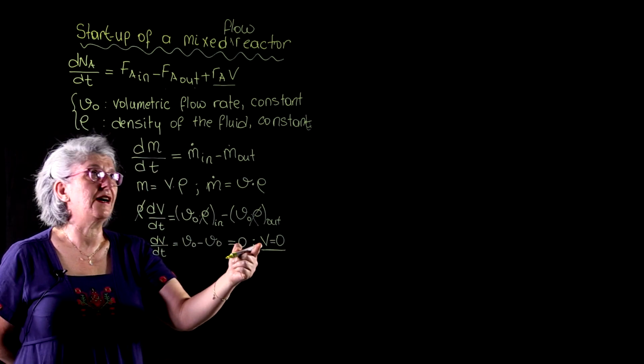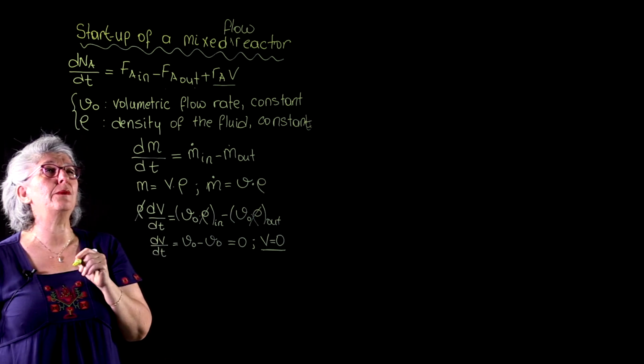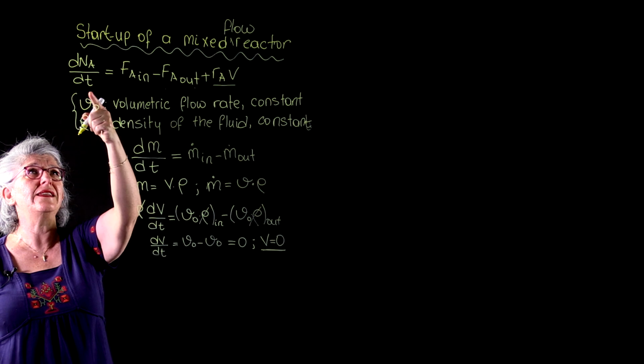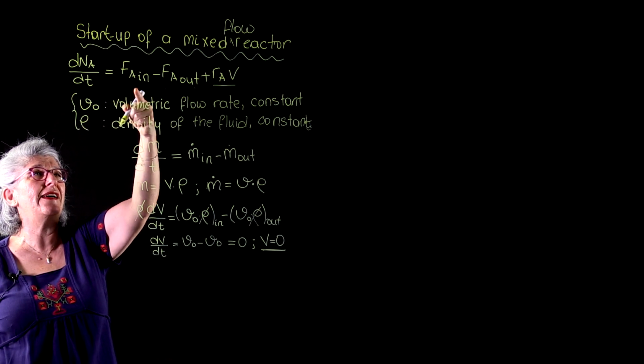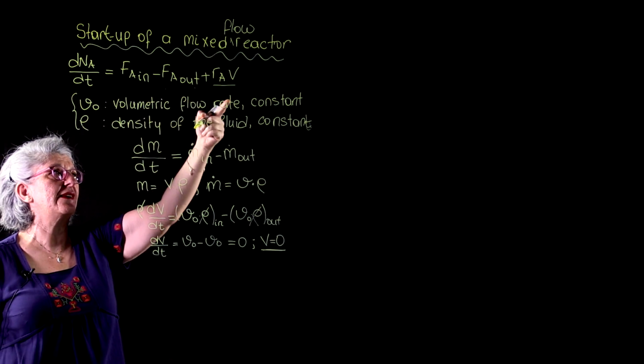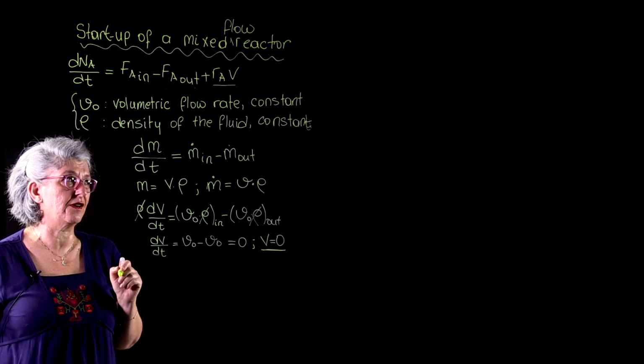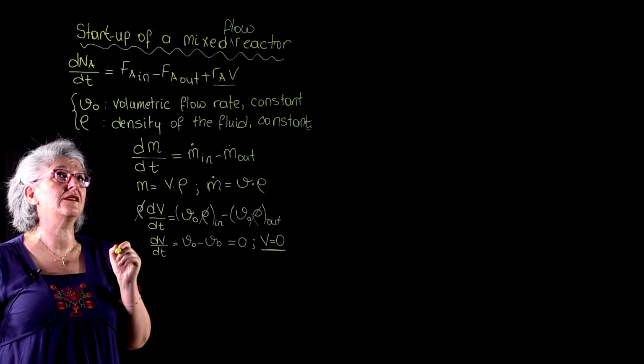Now with this, I'm going to go back and I will rearrange the overall species mole balance, dNA over dt being equal to FA in minus FA out plus RA times V. And I'm going to solve this equation for you for the startup of a mixed flow reactor.